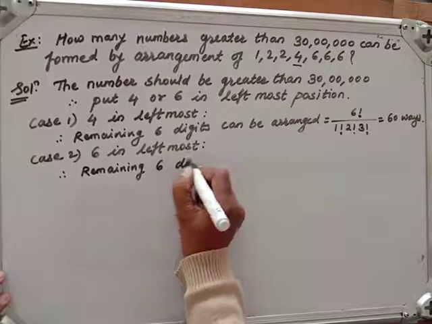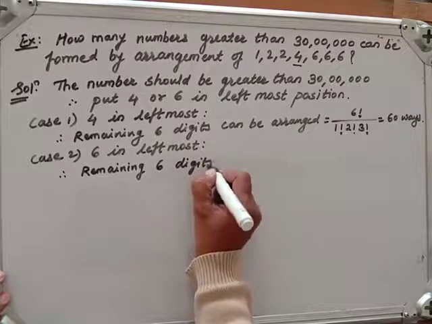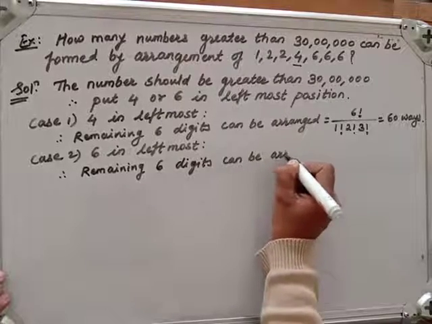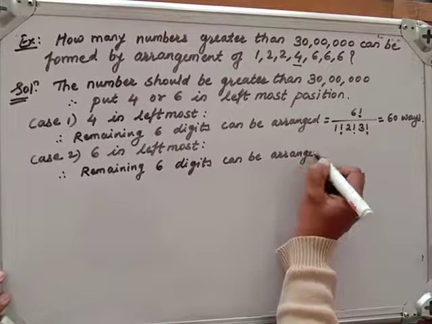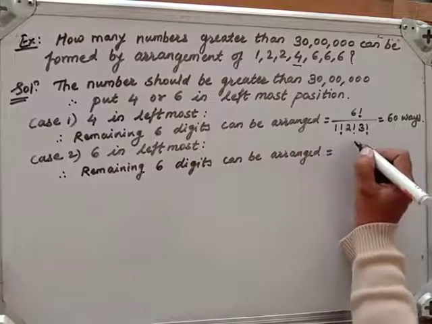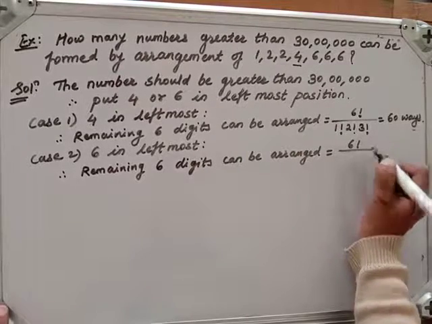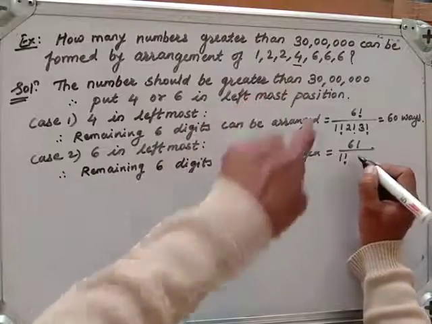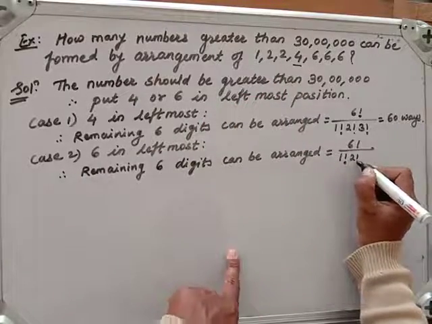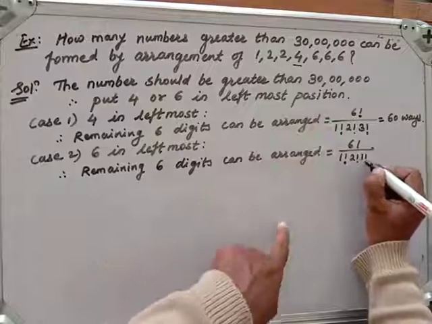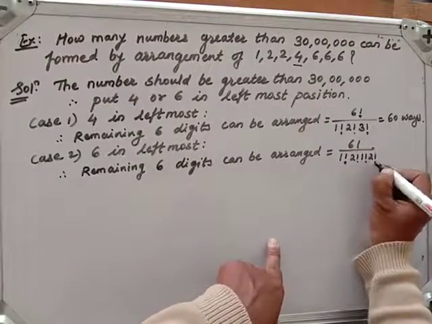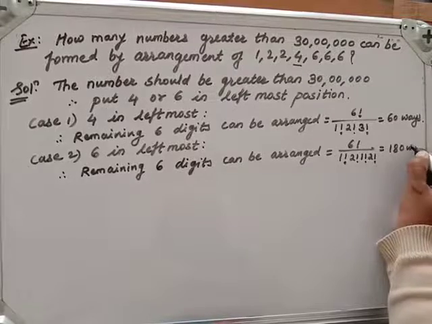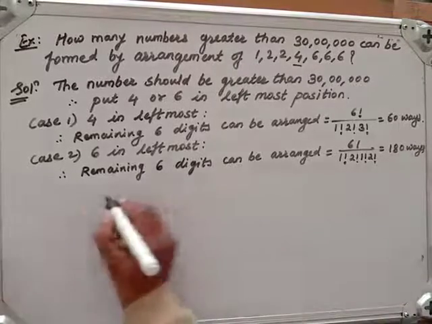So remaining 6 digits can be arranged in how many ways? 6 factorial upon 1 factorial, then this 2 will be there, 2 factorial, again 4 will be there, so 1 factorial, and 2 sixes are there, so 2 factorial. So this is how much? 180 ways, and these are mutually exclusive cases.